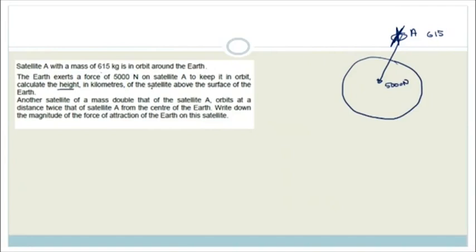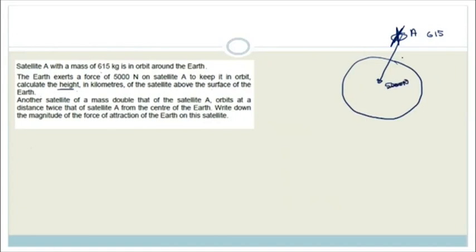So we've got the Earth and satellite A, with a mass of 615 kilograms, and the Earth exerts a force of 5,000 newtons on it to keep it in orbit.